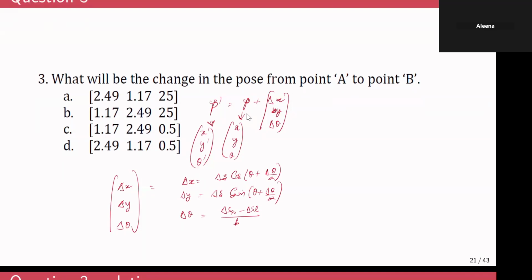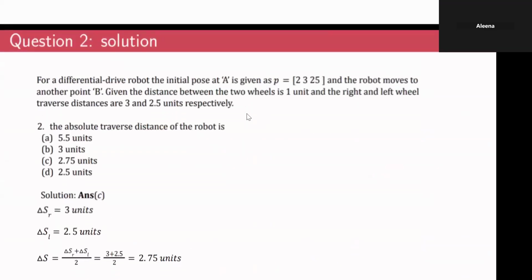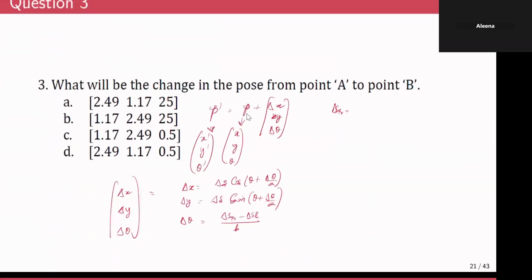Right? So what are the given parameters? We are being given delta SR to be, let me go back. This was given as 3.5 units. Delta SL was given as 2 units, and the distance between the two wheels was given as 1 unit. Right?